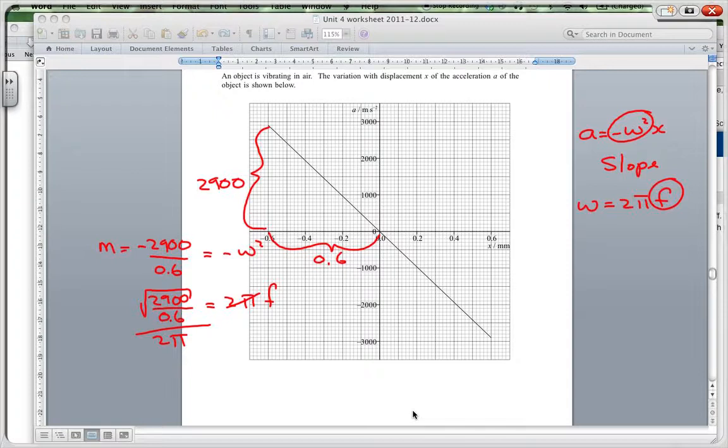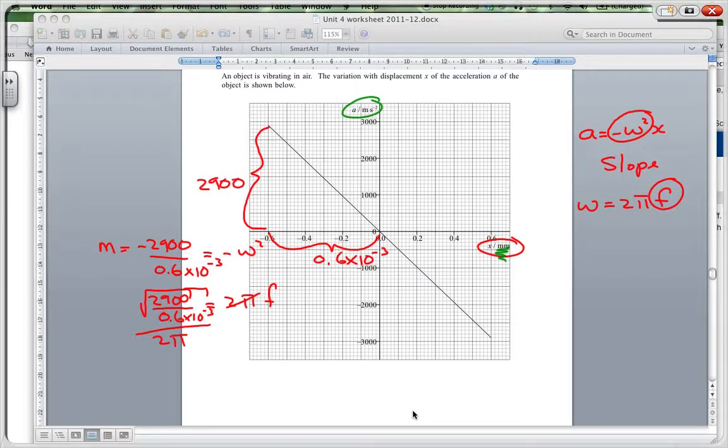One thing we've got to be careful with. Very important. This is given in millimeters. So this 0.6 is times 10 to the negative 3. So I need this over here to be times 10 to the negative 3 times 10 to the negative 3. Always very important to look at the units on your scales. This is fine because this is in meters per second, but we need to convert that to meters.